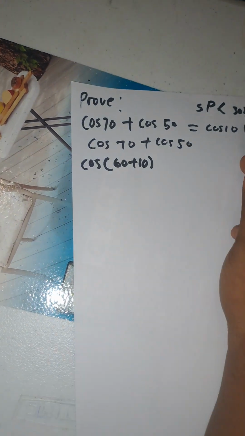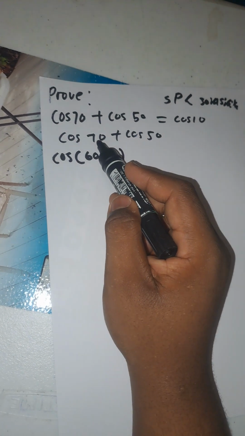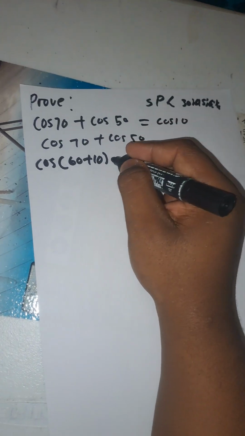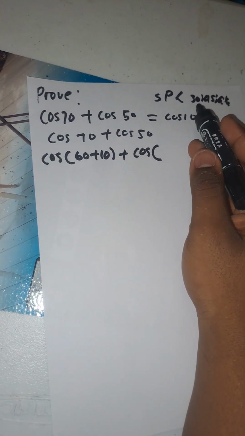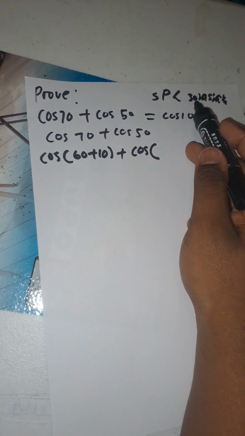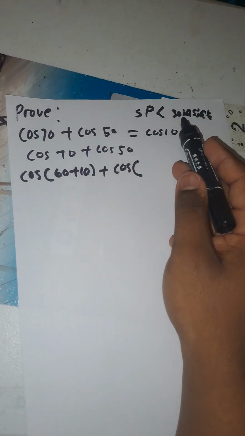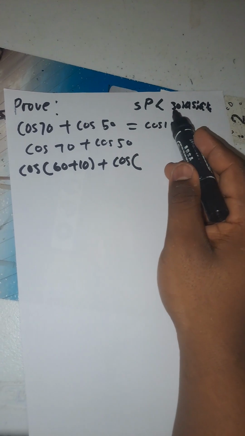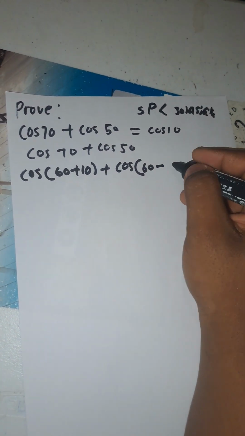You must use your special angles and include this 10 so that it gives you the angle given. Then plus cos of 30 plus 10, 40, 30 minus 10, 20, 45 plus 10, 55, 45 minus 10, 35. They are not working. I think 60 can work again, so it's 60 minus 10.